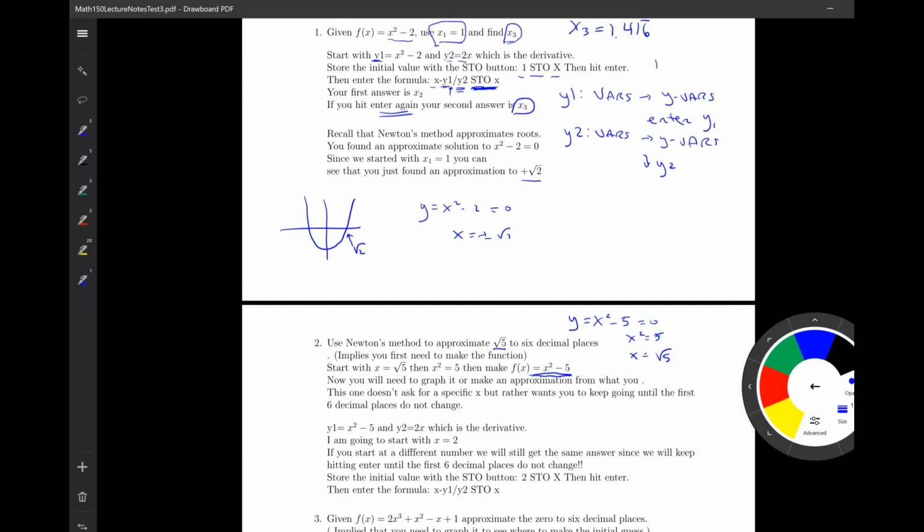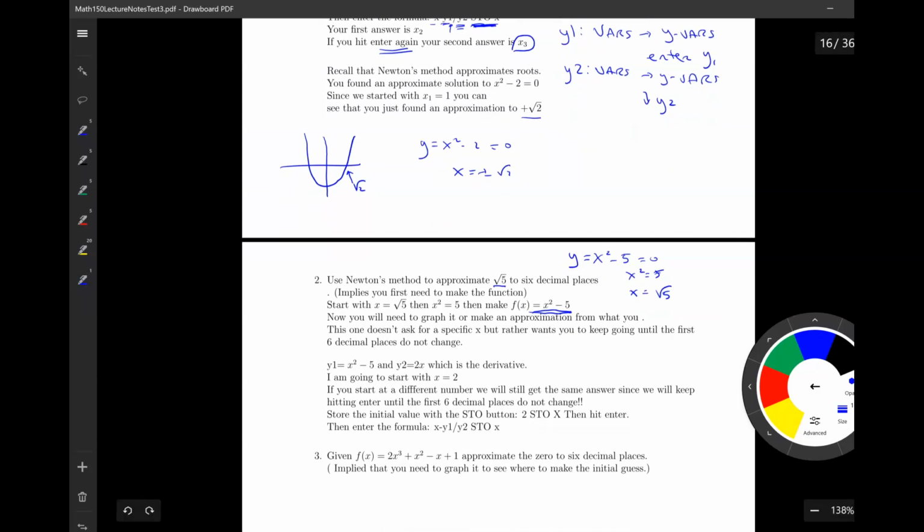You're up to it. All right, so then I'm going to let my y1 equal x squared minus 5, and my y2 be the derivative, which is just 2x. So if I look at the graph of y equals x squared minus 5, it looks like this. We can start with x equal 2. It looks like the square root of 5 would be close to 2.